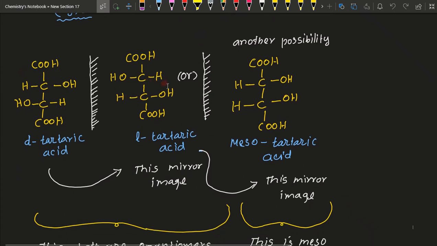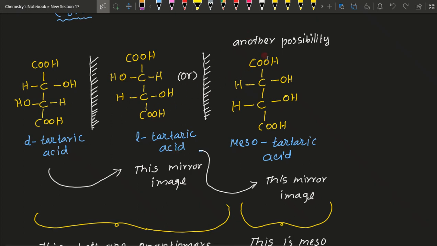See the mirror images. Here OH is going to the left side, and this OH is going to the right side. This is D-tartaric acid, dextro tartaric acid. This is levo tartaric acid.